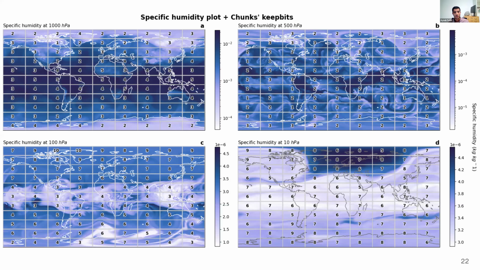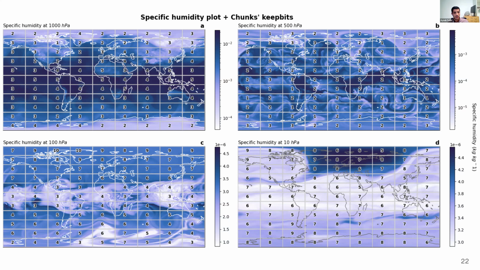And we tried to apply the chunking on multi-level datasets. In this plot, we are exploring one variable, specific humidity, but at different vertical levels. We see variability in values across both latitude and longitude, and also by level. Like in subplot A at 1000 hectopascal, namely the surface of Earth, there are low values in the Arctic and Antarctica, rising smoothly toward the equator.